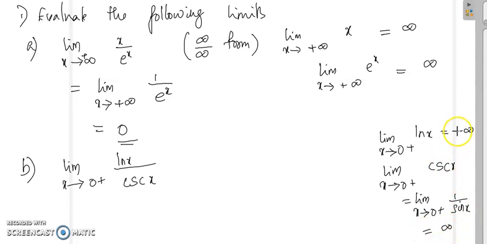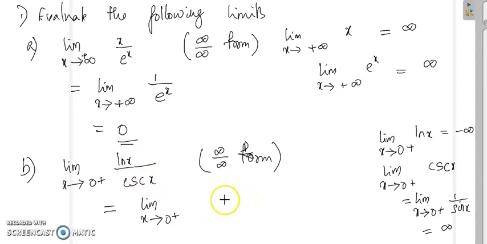So the numerator limit is minus infinity and the denominator limit is infinity, so that is in infinity by infinity form. Okay. So now upon taking the derivative, the numerator will be 1 by x, and the denominator is minus cosec x cot x.